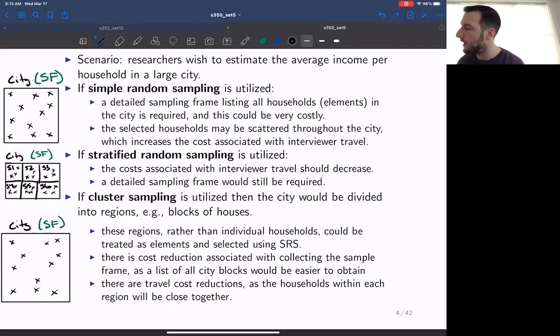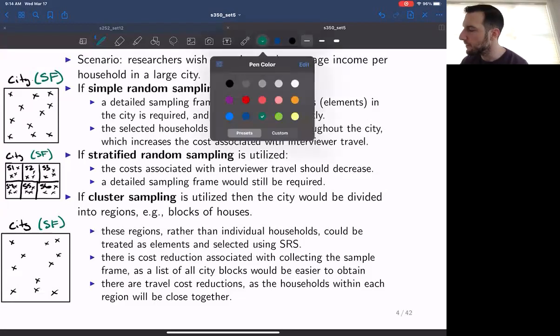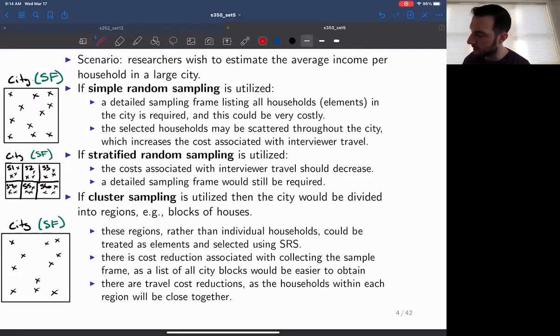Okay. So now what we would be saying is rather than target the individual households separately, we might target, for example, blocks of households. So let's say, just for illustrative purposes, that this is one block, and then over here we have another block, and then maybe this can be its own thing.